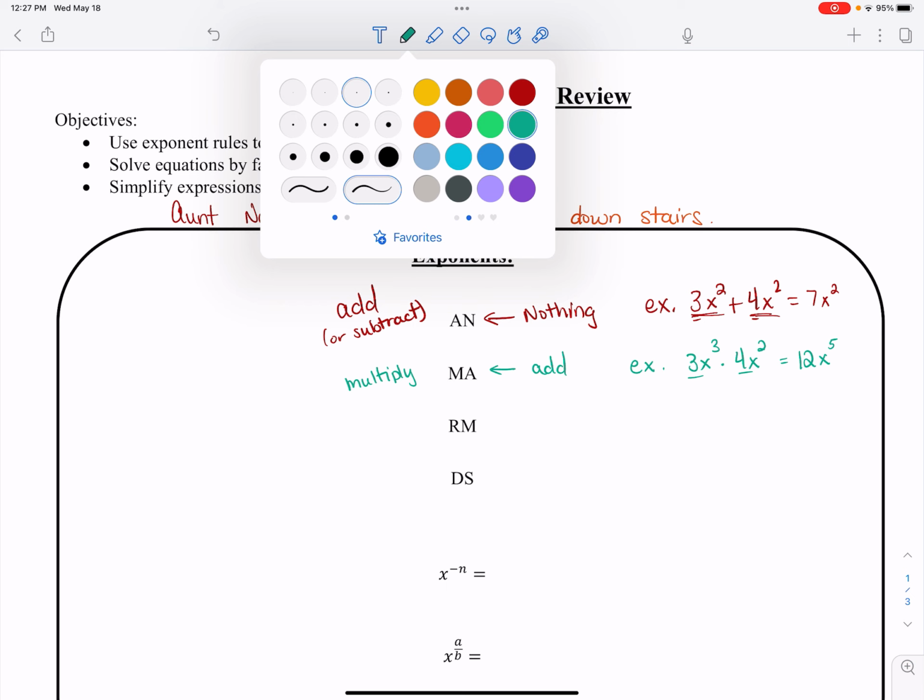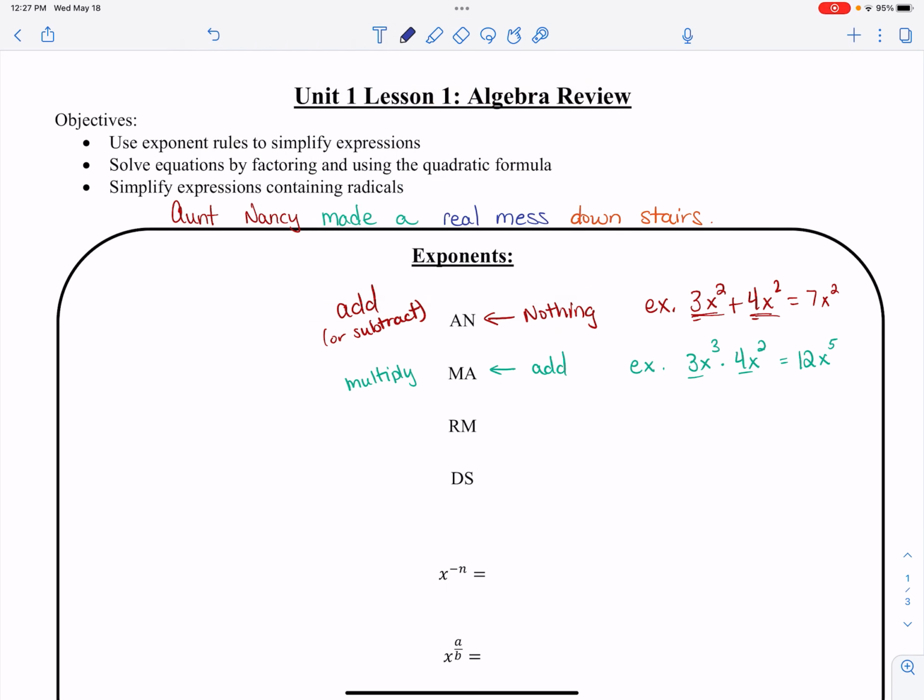The next, RM, the real mess that we've got going on here, stands for if you're raising to a power, you multiply. And again, I'm just going to remind you, we're talking about the exponents.